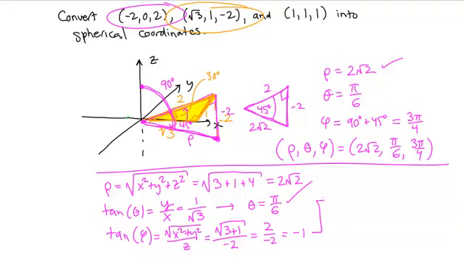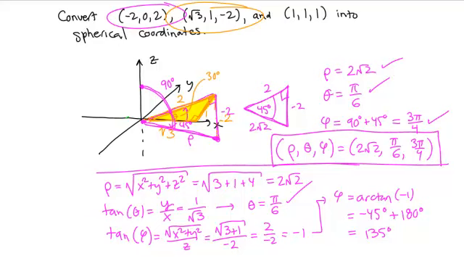That means that phi is going to be the arctangent of negative 1, which is negative 45 degrees. However, based on the picture, we're clearly looking for an obtuse angle, something that's in quadrant 2. So we're going to have to add 180 degrees to this to correct for that. And that'll put me at 135 degrees, or 3 pi over 4. And so once again, we recover the same spherical coordinate description.